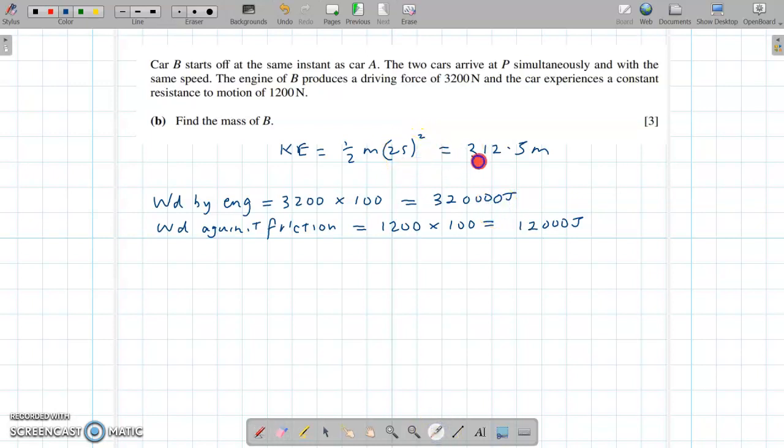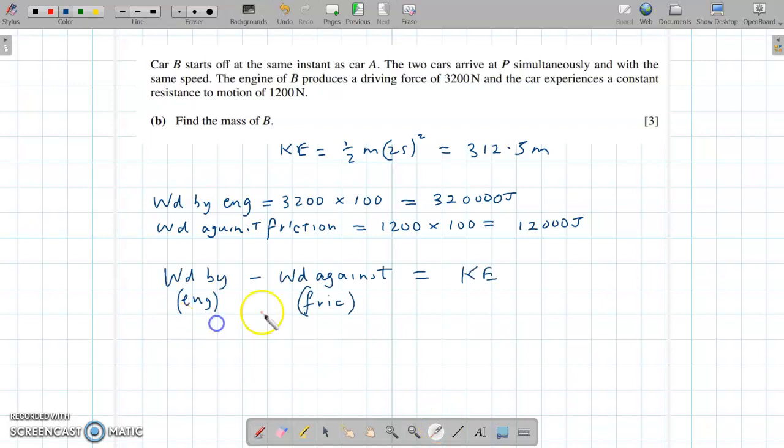Okay, so this kinetic energy of 312.5 m comes from the work done by the engine, 320,000, but it's hindered by the work done against friction, 120,000. So we can say that 320,000 minus 120,000 equals 312.5 m, and calculate m.